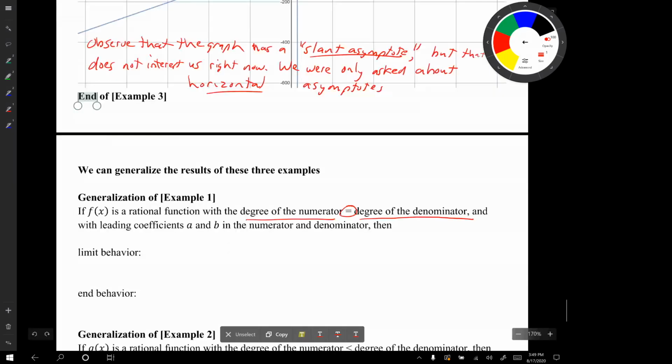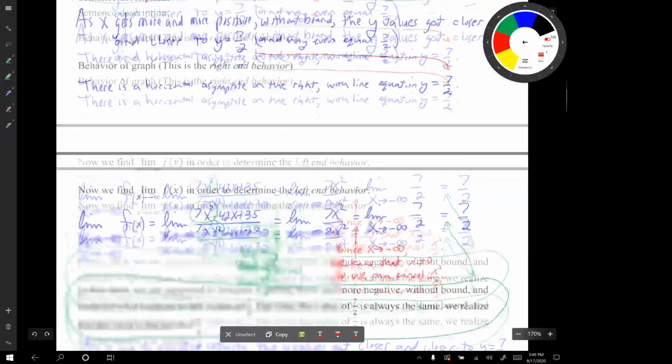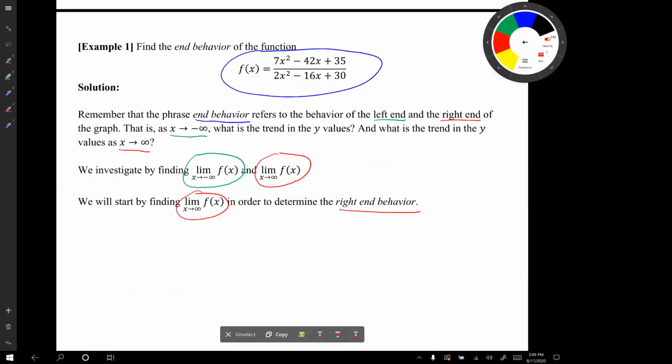So that's the situation we had way up here in question A. The degree of the numerator was 2, the degree of the denominator was 2, so the degrees were equal, and the leading coefficient in the numerator was the number 7, and the leading coefficient in the denominator was the number 2.